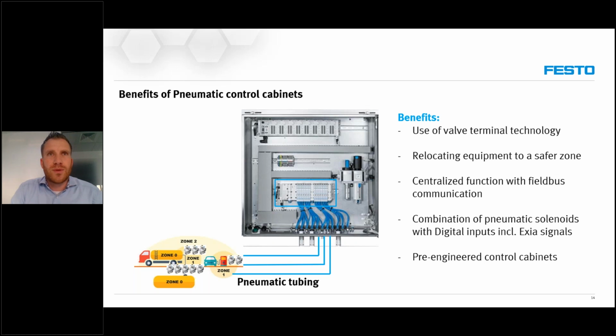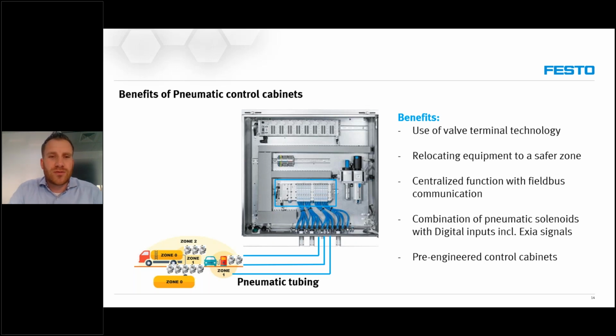and especially when there's a larger number of valves being implemented, we see that control cabinets are providing several benefits compared to individual valves. So the use of valve terminal technology is one of the major benefits compared to individual NAMUR solenoid valves, because we can centralize, as you can see in the middle in the blue box, all the solenoid valves which are being connected with the outside of the cabinet to control the individual process valves.